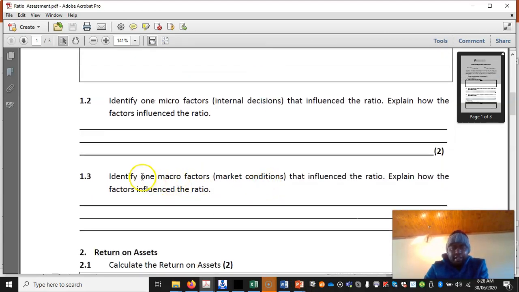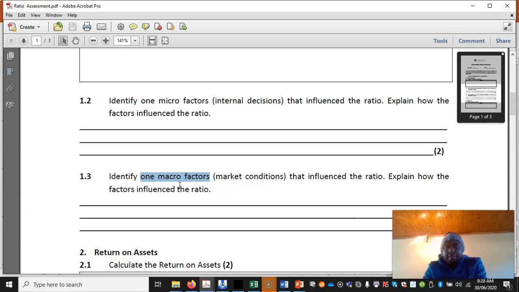But if the question asks you to identify one macro factor, this is micro, this is macro. Macro factors are those external factors that came into play during the planning. You can go back to the business news for each period, so that you can see some of the external factors that were introduced in that news that might have affected the ratio.